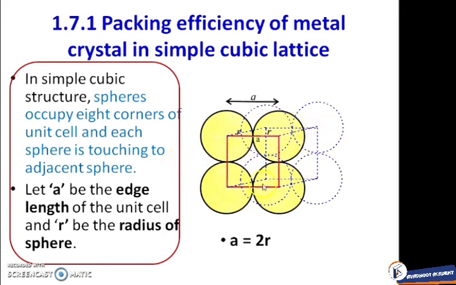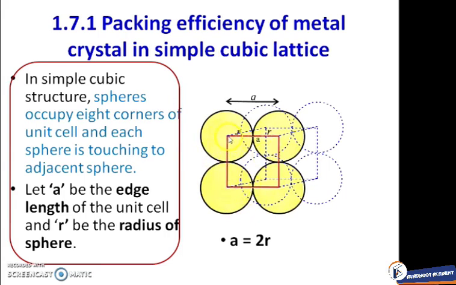Here in this diagram there is a little bit of modification. This is the cube, and there are 8 corners, with spheres occupying each corner. So these 4 front spheres are highlighted with yellow color.